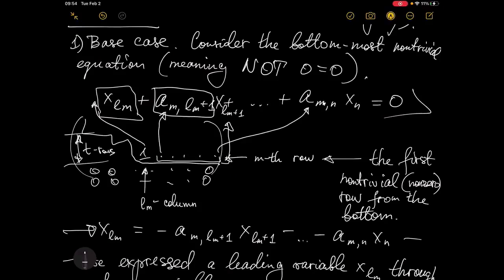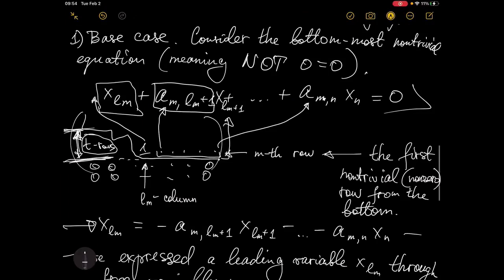So we're gonna go up. We're gonna assume it holds for t rows above the lowest most non-trivial row. Yeah, you see, this is exactly how I have shown this, right? Okay. So let us suppose that it works for t rows from the bottom, right? Non-trivial rows from the bottom, okay?